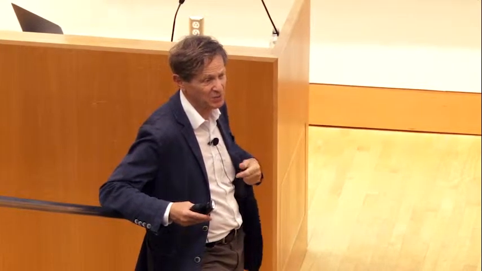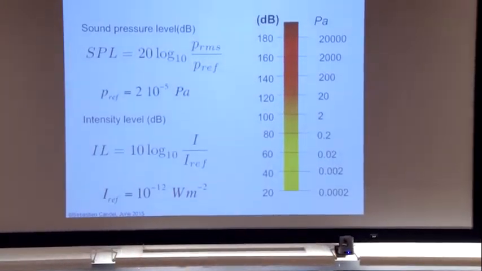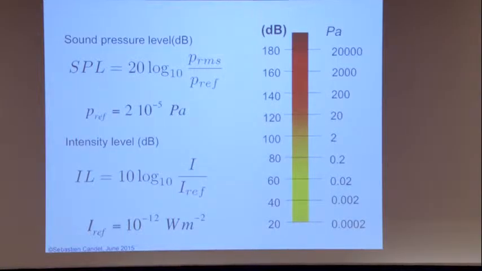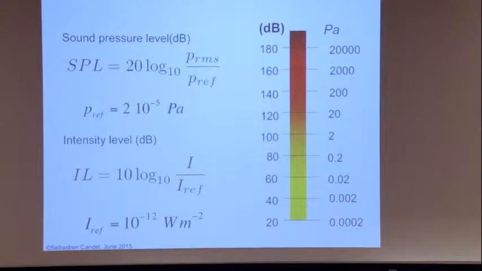Let me go back to the level of pressure corresponding to the decibels. Here you have the scale, and in fact you have the definition of the decibels. Now a decibel is a logarithmic quantity. You speak about decibels also for the gain of an amplifier.